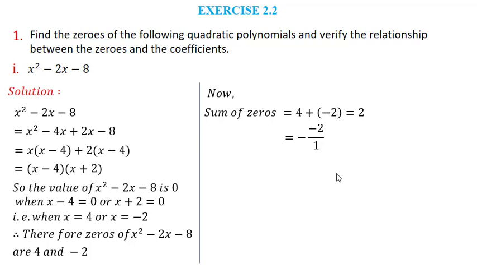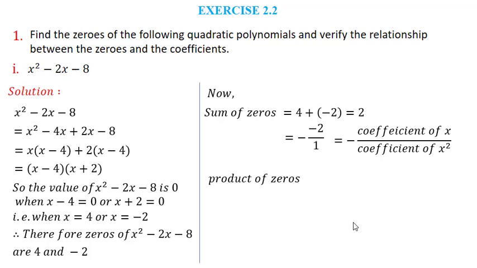So here I can write this 2 as minus, now coefficient of x, you can see it is minus 2. So minus 2 upon coefficient of x square is 1. So if you simplify this, you are getting this term 2 only. So 2 I can write as minus 2 upon 1, which is minus coefficient of x upon coefficient of x square. Now product of zeros is equals to 4 into minus 2, which is equals to minus 8.